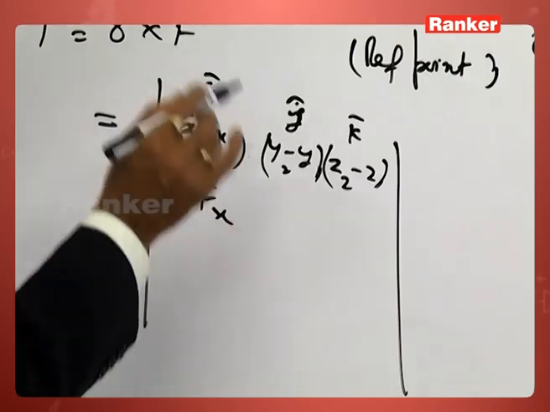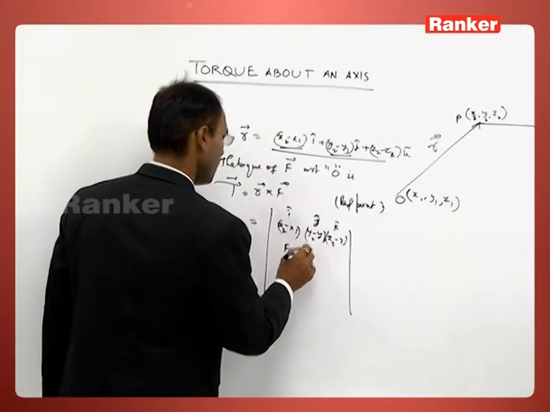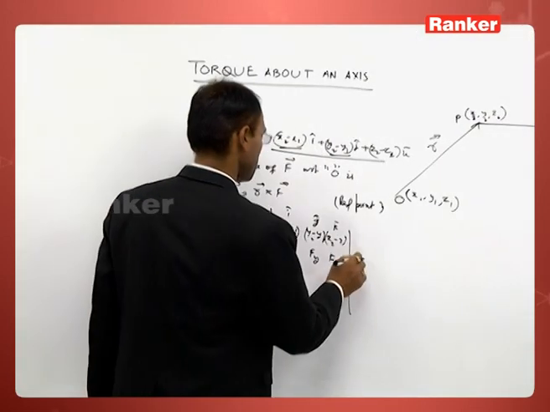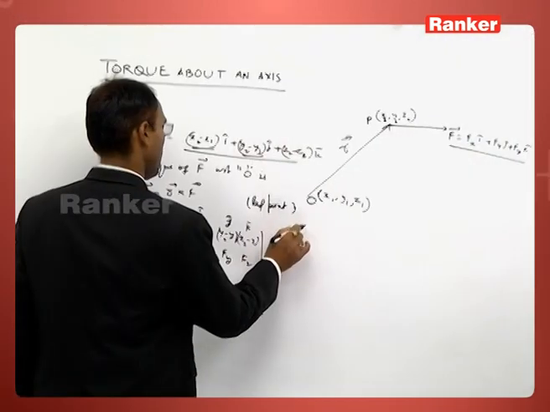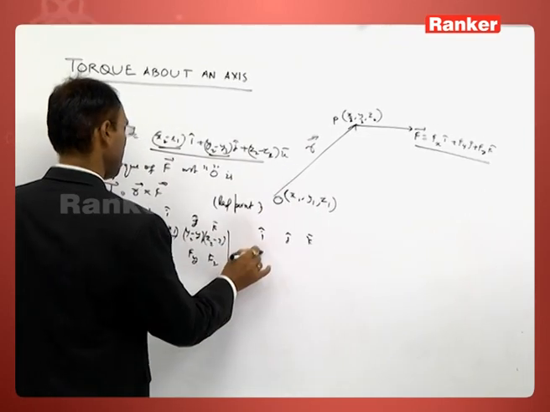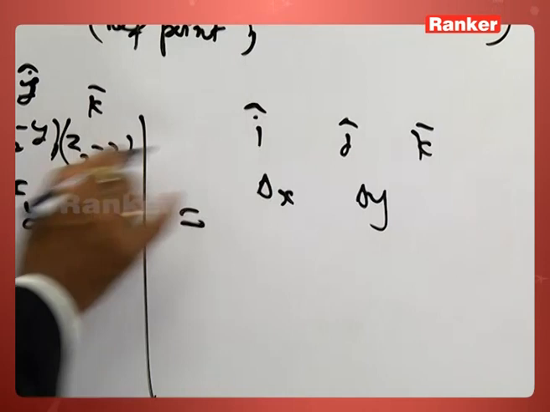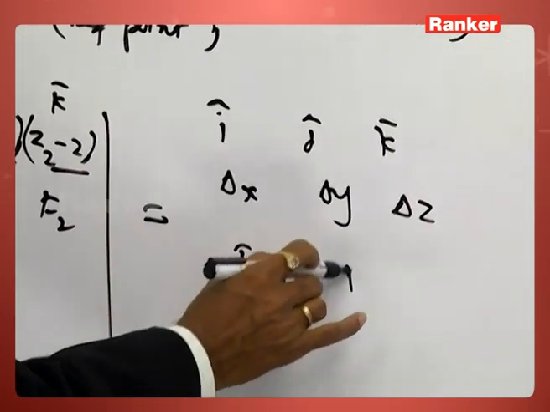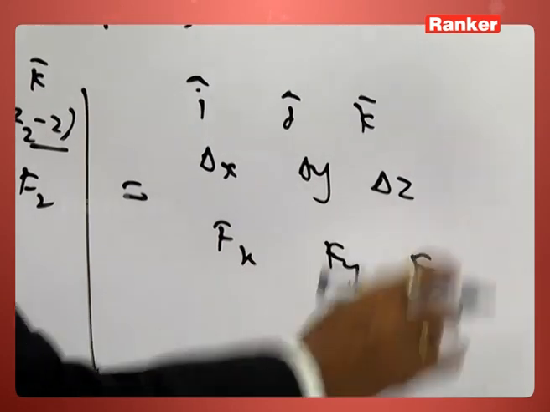Then x component of the force, its y component, its z component. This can be written as i cap, j cap, k cap; let it be del x, del y, del z; Fx, Fy, Fz.